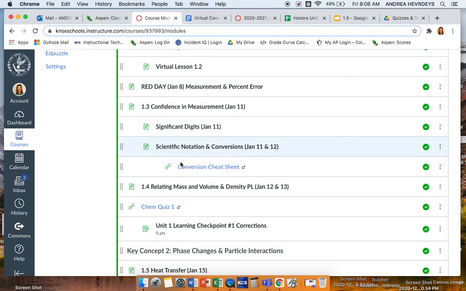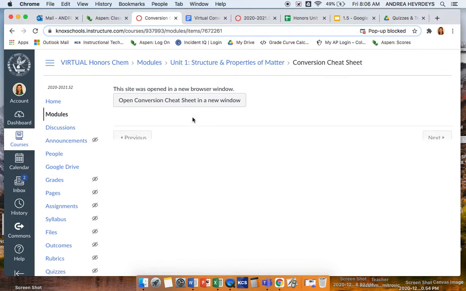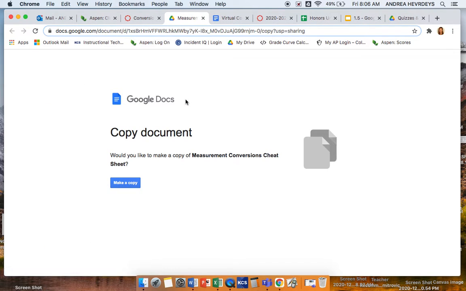So this conversion cheat sheet is one that I gave the students in person, and so you have access to that as well. That will take you to, and it makes you make a copy of it, right? Because I don't want you editing mine.